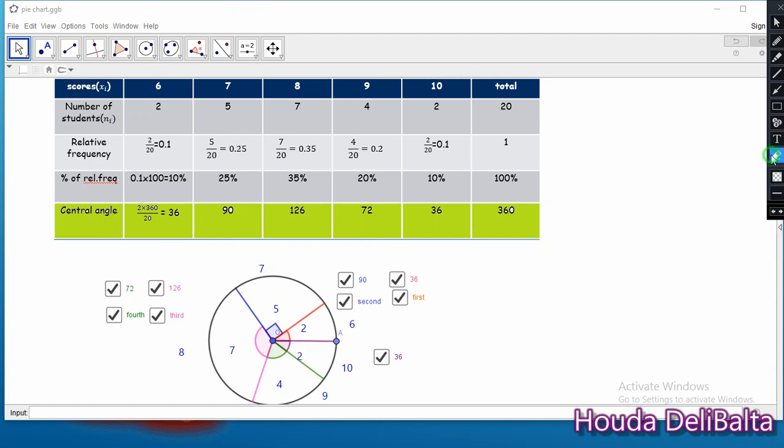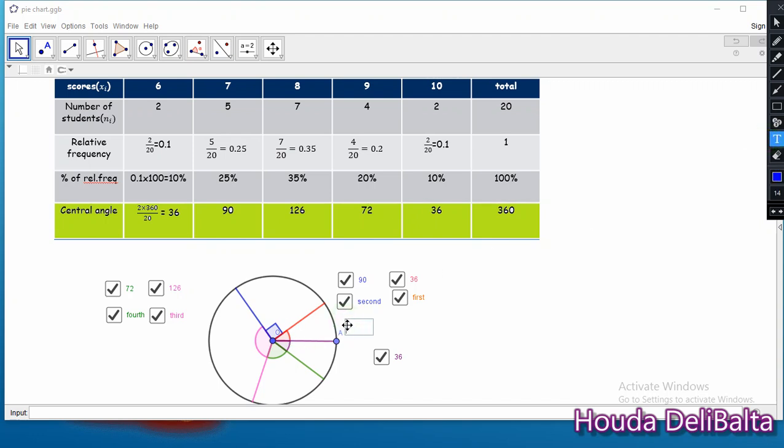Now, if the question was to draw the percentage pie chart or the relative frequency pie chart, all I have to do again is spread the values outside and write the percentage inside, or the relative frequency inside. Again, let's start.